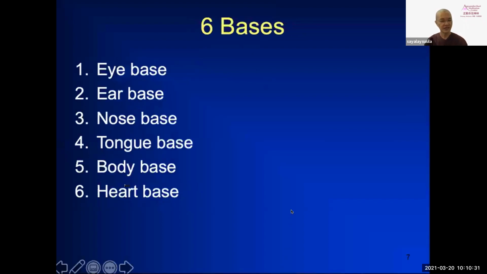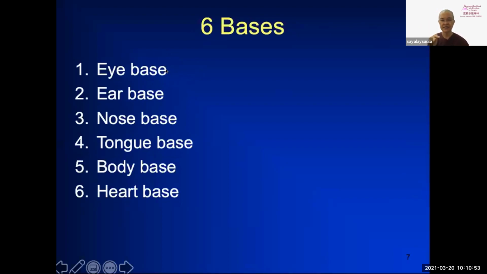Another thing we need to know to understand cognitive process better is the bases. There are 6 bases. Number 1 is the eye base, or eye sensitivity.